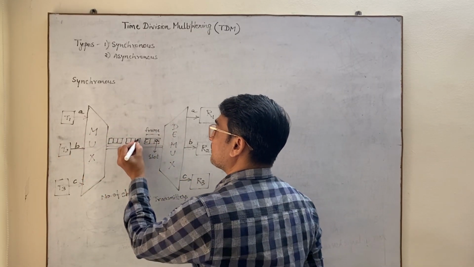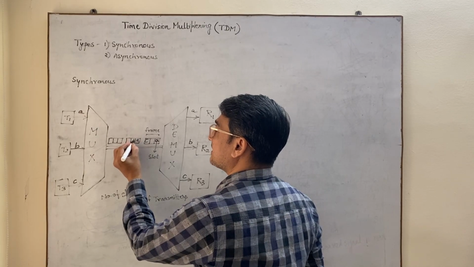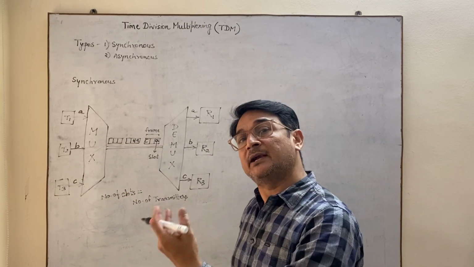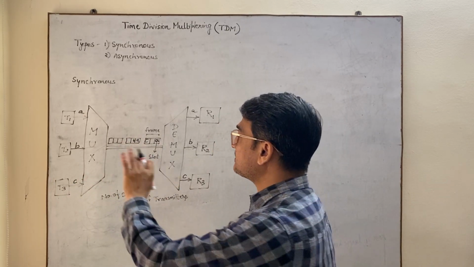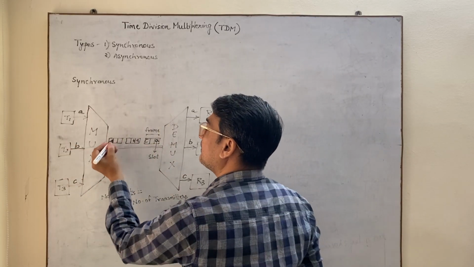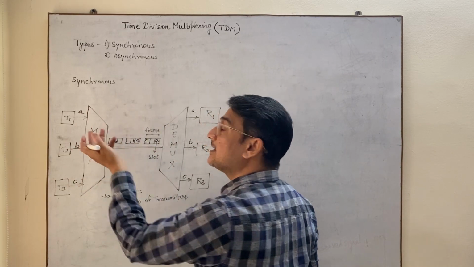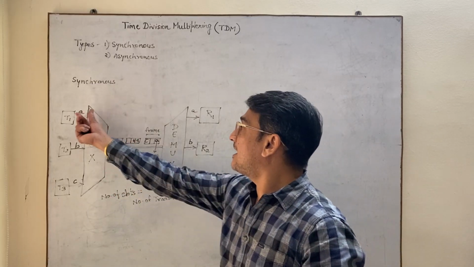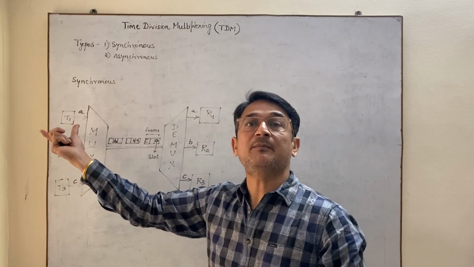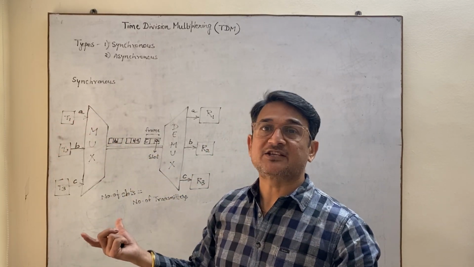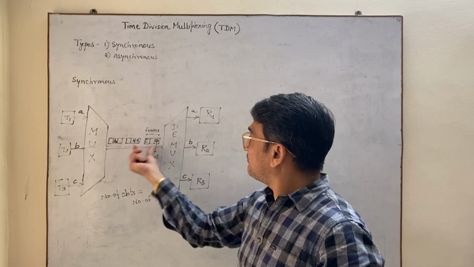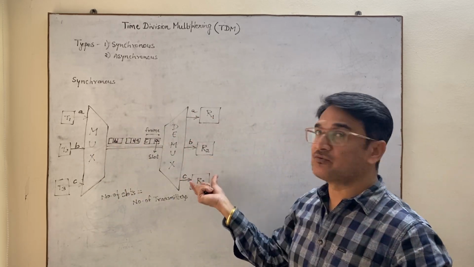In the next frame, suppose A is transmitted, B is transmitted, and suppose at that time C doesn't have any data to transmit, so this process will be continued. Let us say in this only B has transmitted the data, A and C don't have any data at that particular instance of time when they need to transmit the data. So such frames will be received by the receivers.